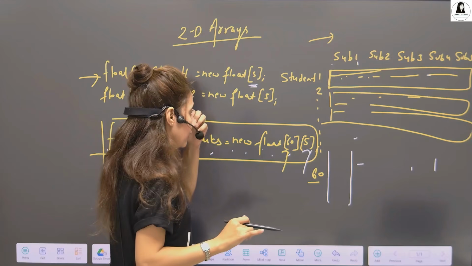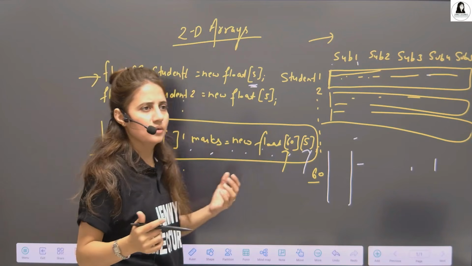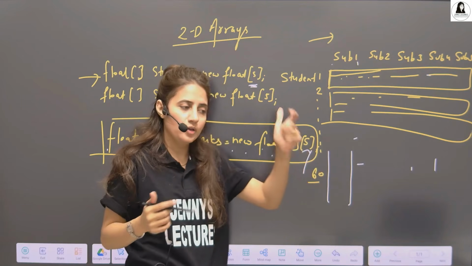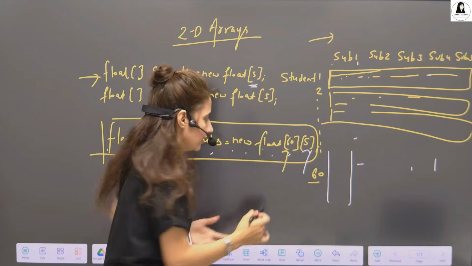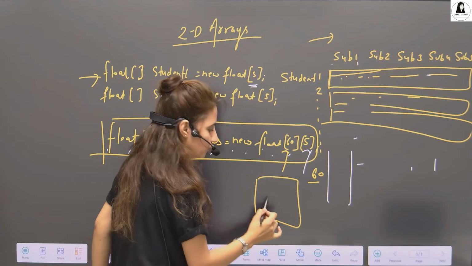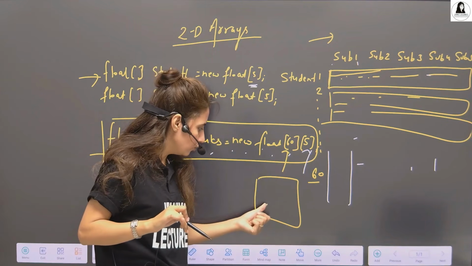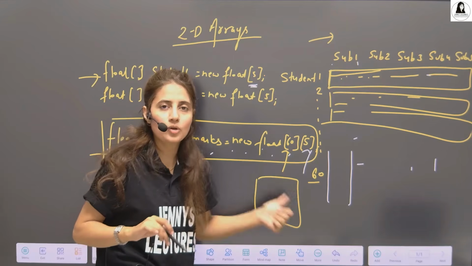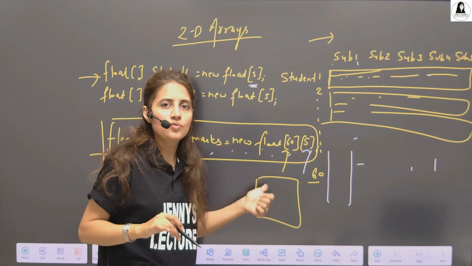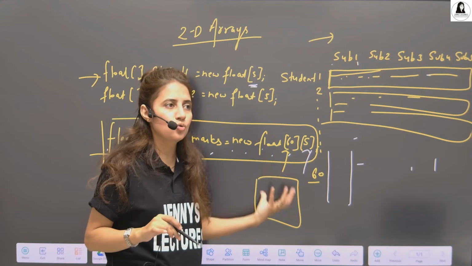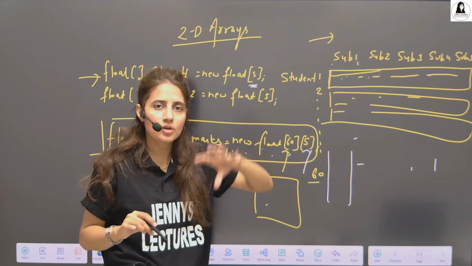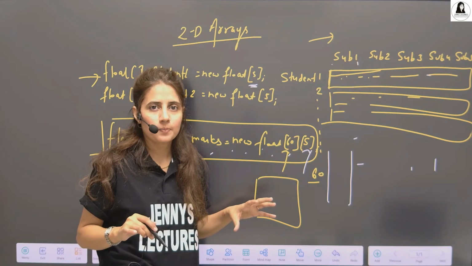You got it? Now, we use this in game development also, when you have grid-like games like chess. To locate or to store the player position, you need 2 dimensions. So for these kinds of games, to store data in tabular form, we use 2D arrays.